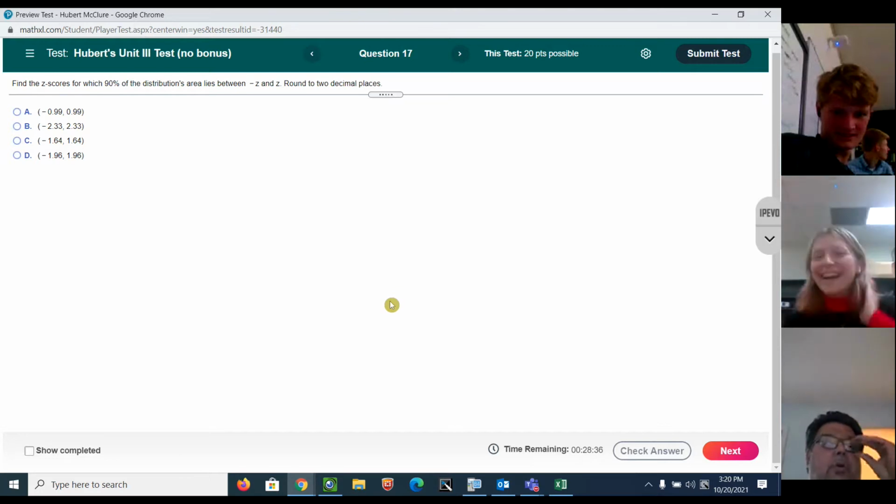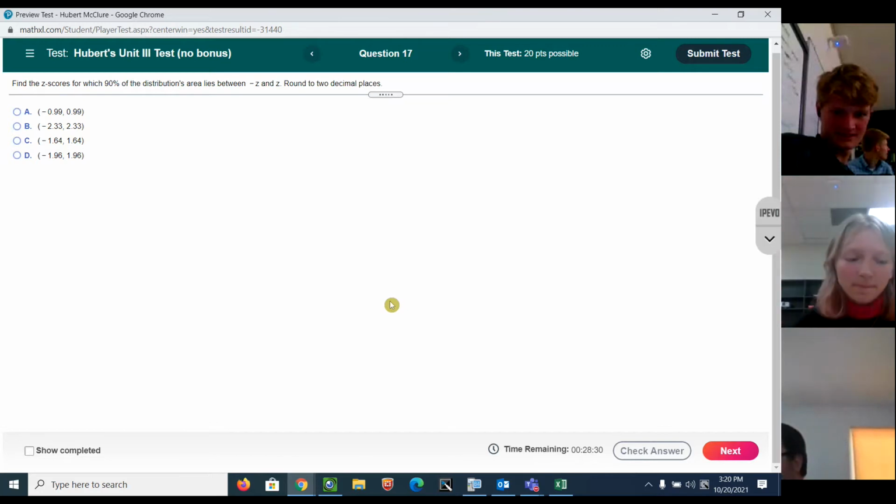All right, so 90% of the distribution between negative z and positive z would be 45 this way and 45 this way. So that means on this side is 0.05, and it's symmetrical, so I just got to get the z-score for 0.05.